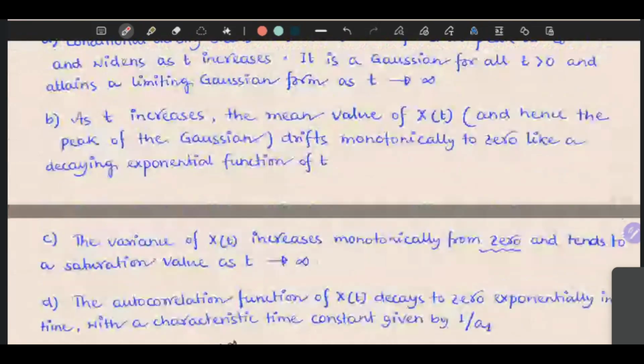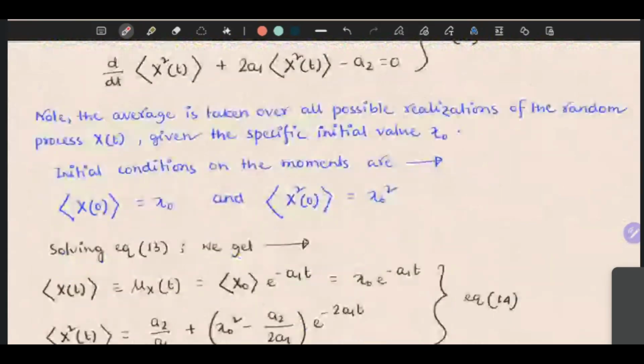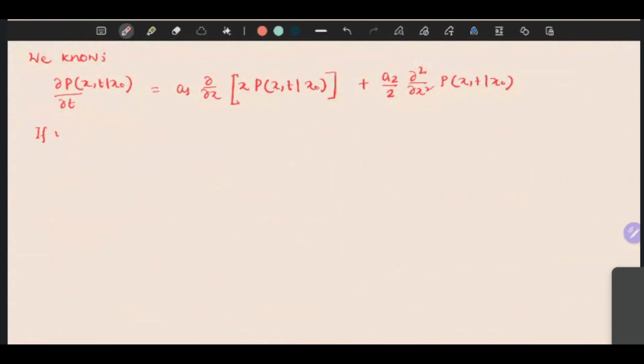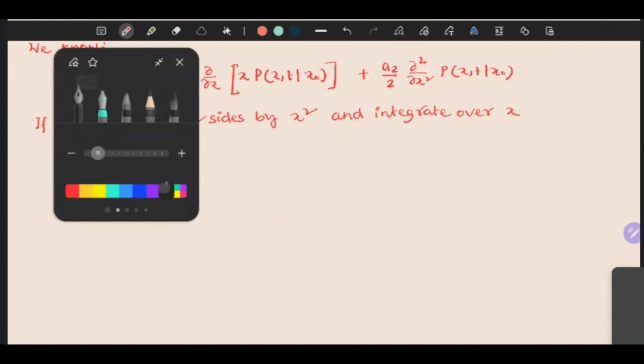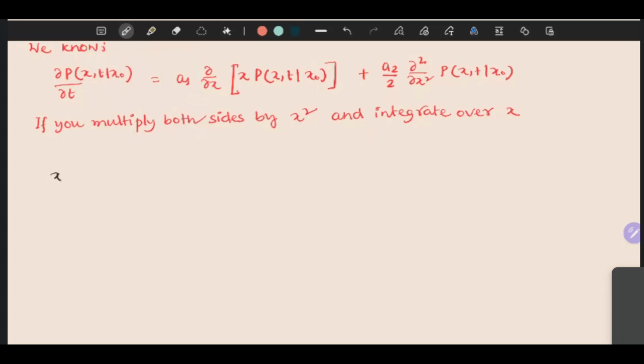Now if you multiply both sides by x squared and integrate over x, then in this term there is del t, so that will not change it.